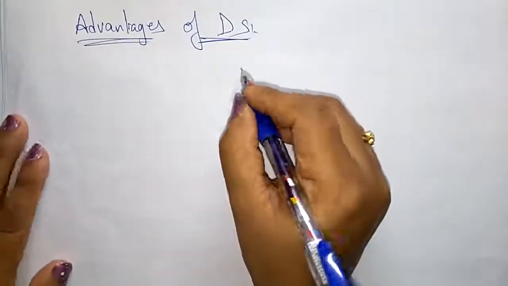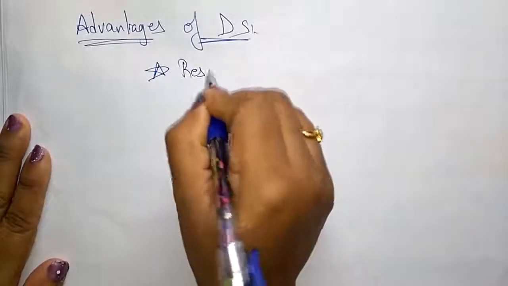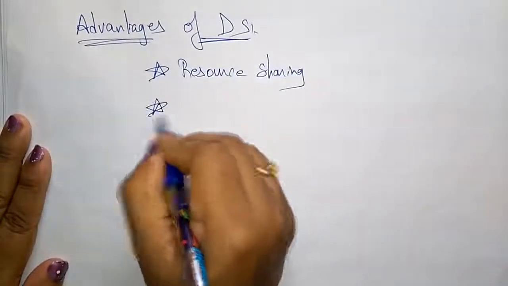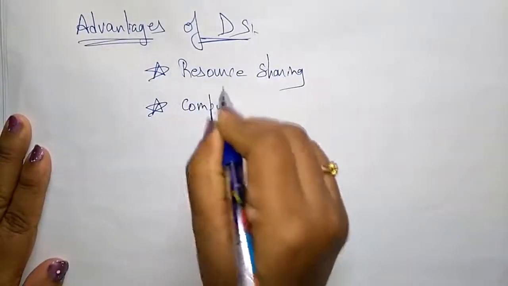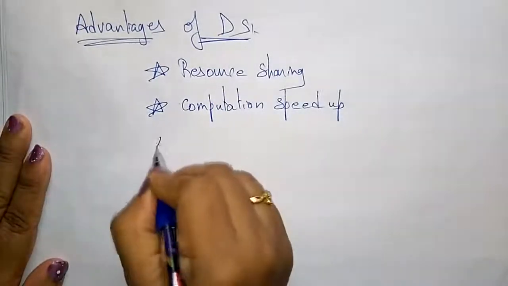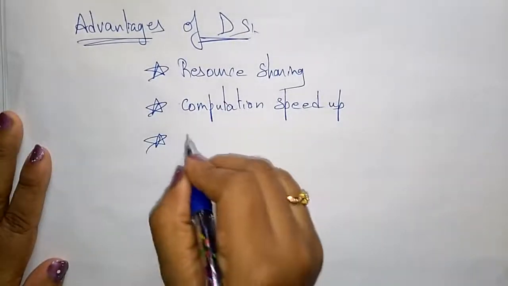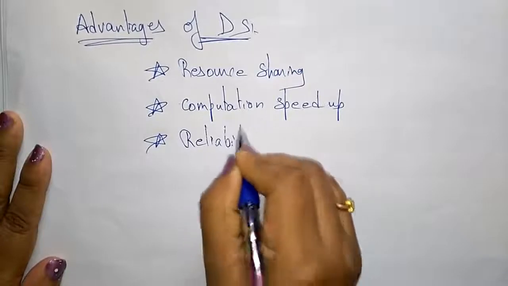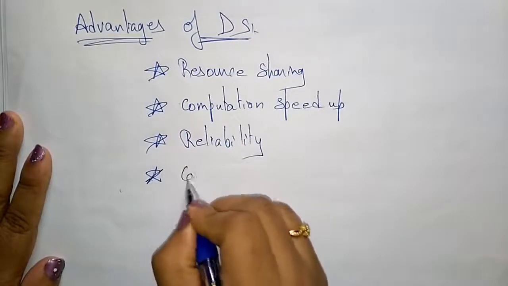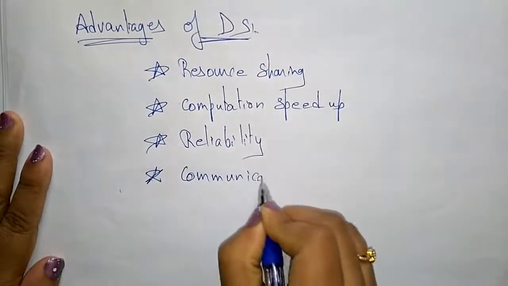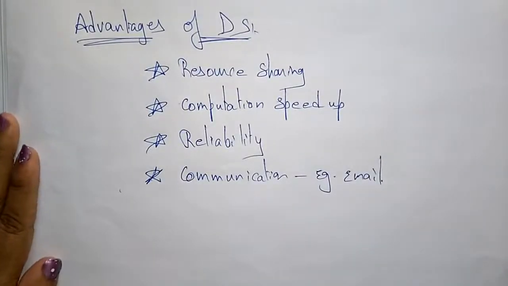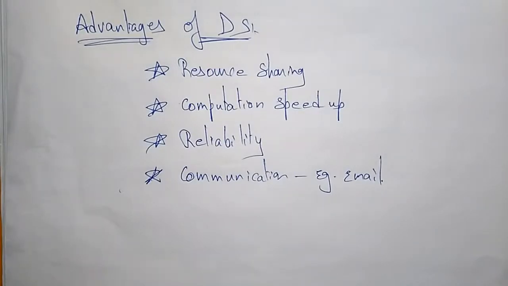The advantages are resource sharing, computation speed up, next reliability, and communication. For communication, an example is email. So this is about the advantages of distributed systems.